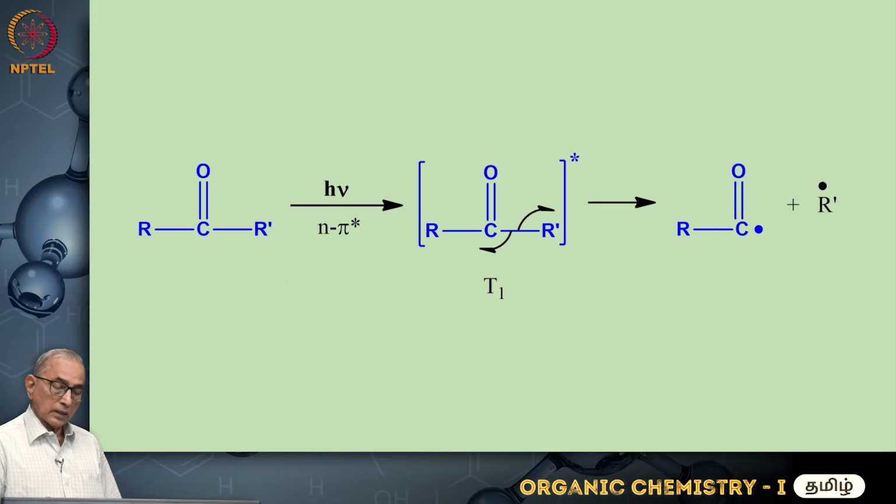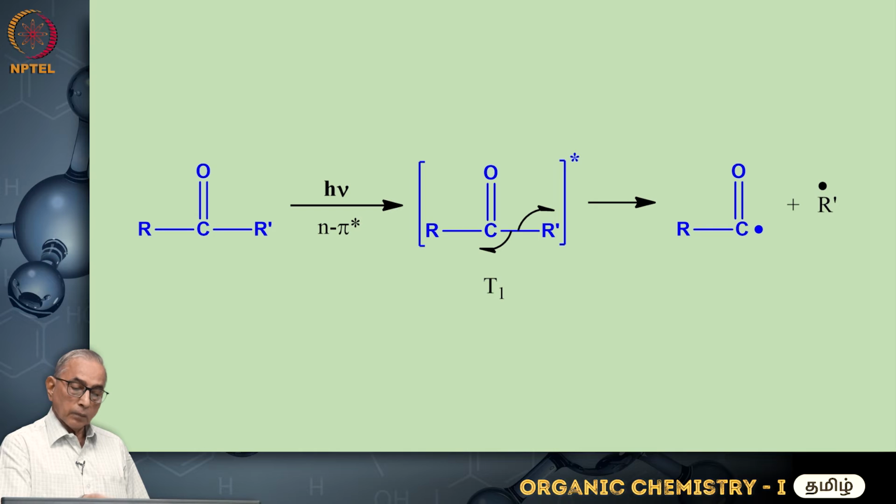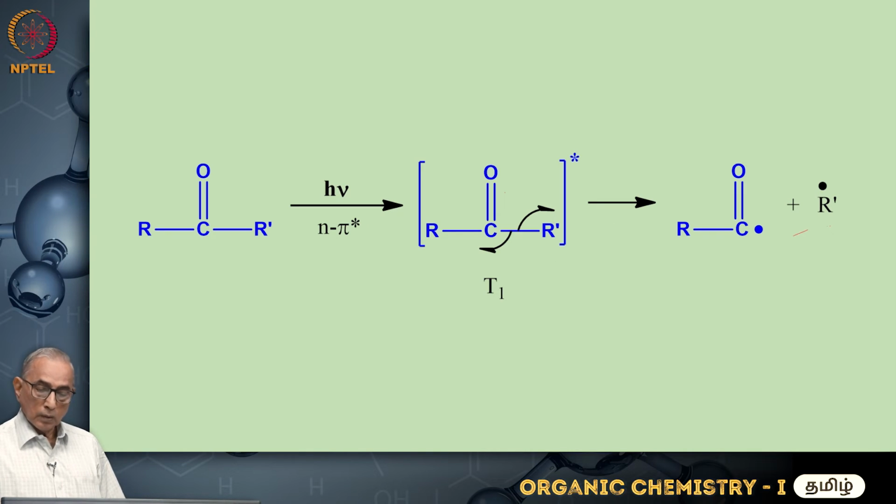It is not a single electron, it has a pair, but this is going to break like this. The molecule has the excitation energy here, but it is transmitted here and it breaks this molecule, and you have RCO dot plus R dot. These are two. This is called the Norrish type 1 cleavage, that it just cleaves the carbon to carbon bond, the carbonyl to carbon bond.